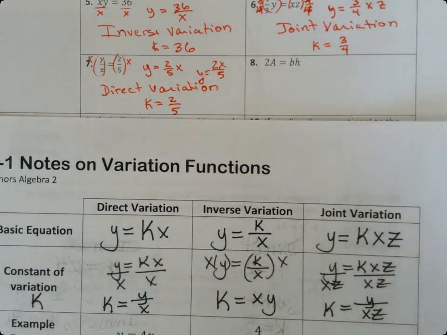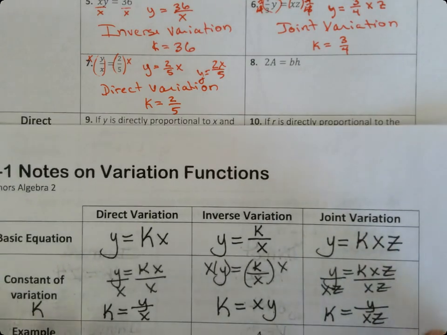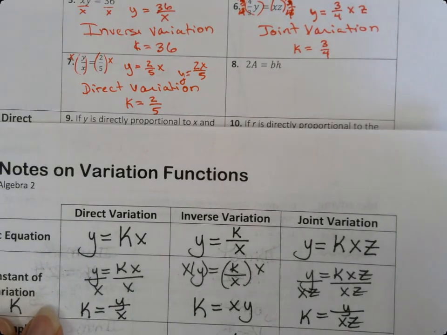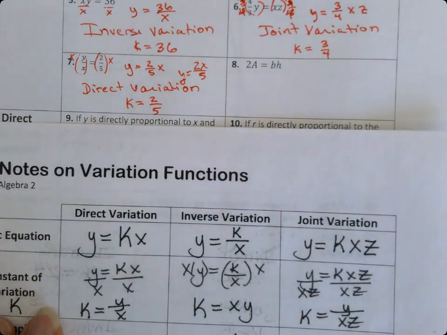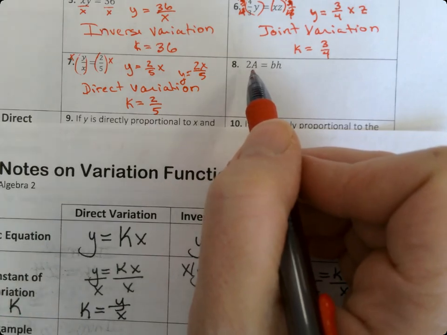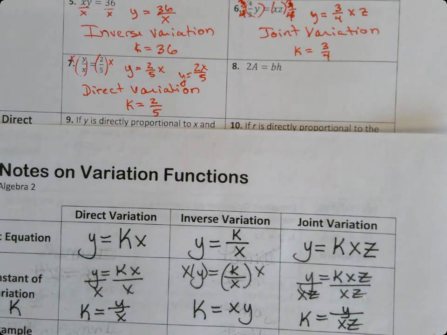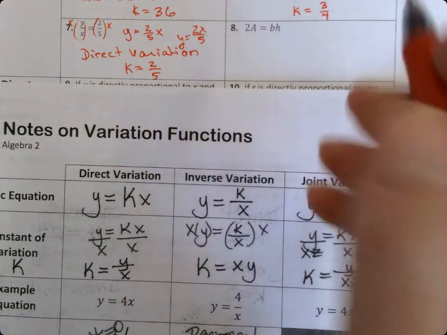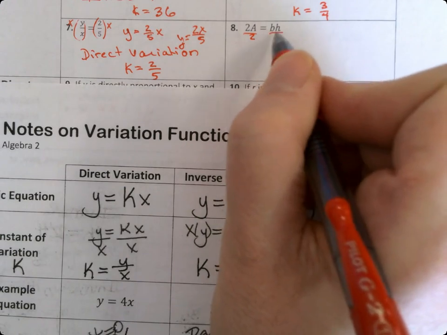All right, now the next one doesn't have x, y, and z, but it does have a and b and h. So we're going to solve for a. This is our independent or dependent variable, and it seems like this is probably the area of maybe a triangle. What's the formula for area of a triangle? Half base times height. So we're going to treat a like it's our y, and we're going to divide both sides by 2.